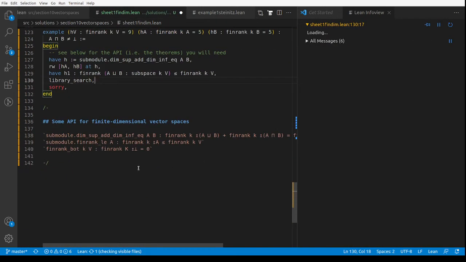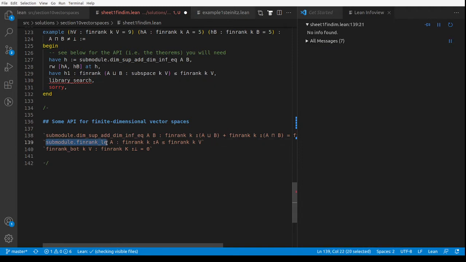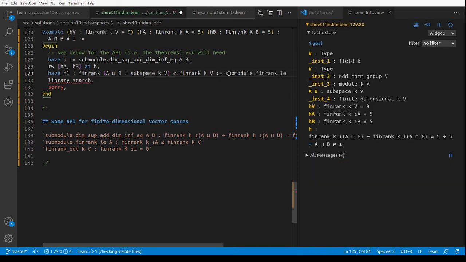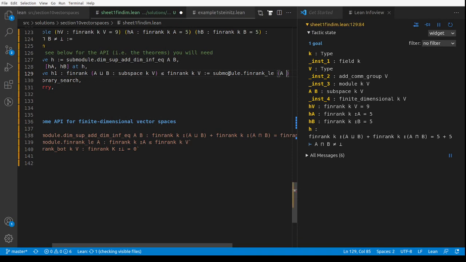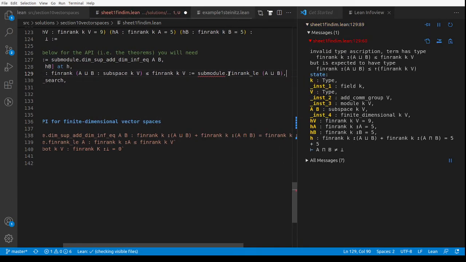Although actually I did this already. What's it called? Oh, it didn't do it, rotten luck. It's called submodule finrank LE apparently. So this would be submodule finrank LE A sub B. And what have I done? Oh, that's odd.